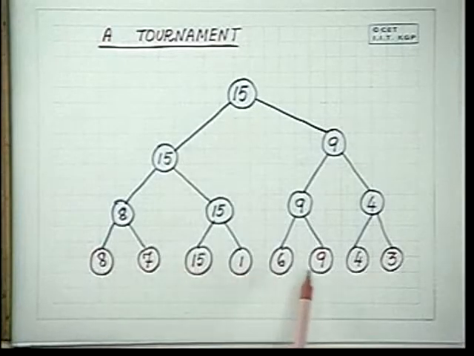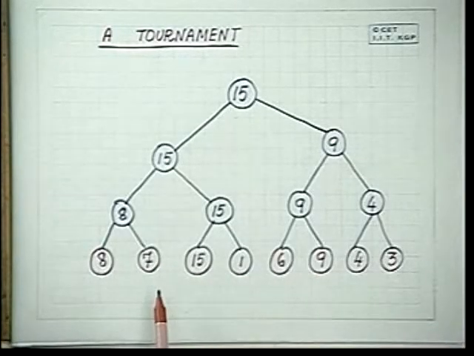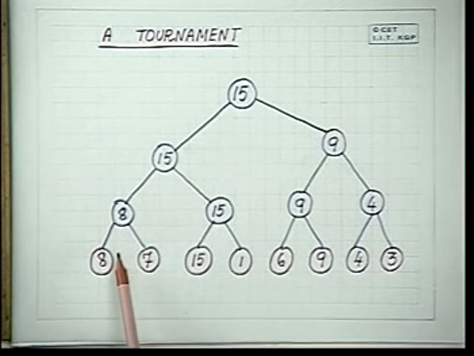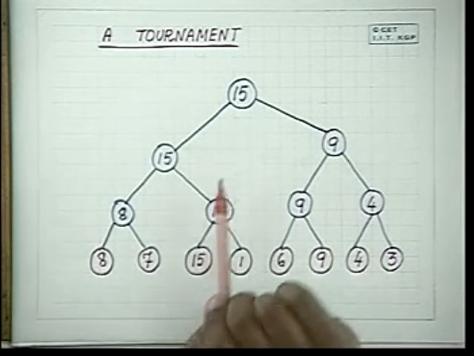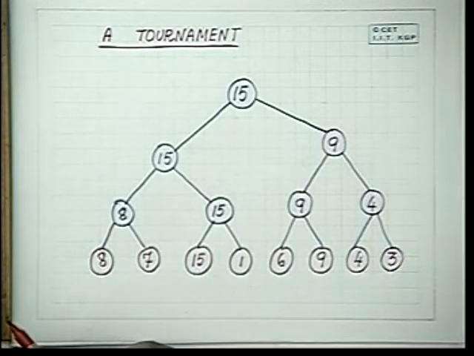So let's take any tournament of 1, 2, 3, 4, 5, 6, 7, 8 numbers I have taken, and this is the tournament to find the maximum. Now while finding the minimum, we compared only the losers. Now is there any key observation to find out the second largest?